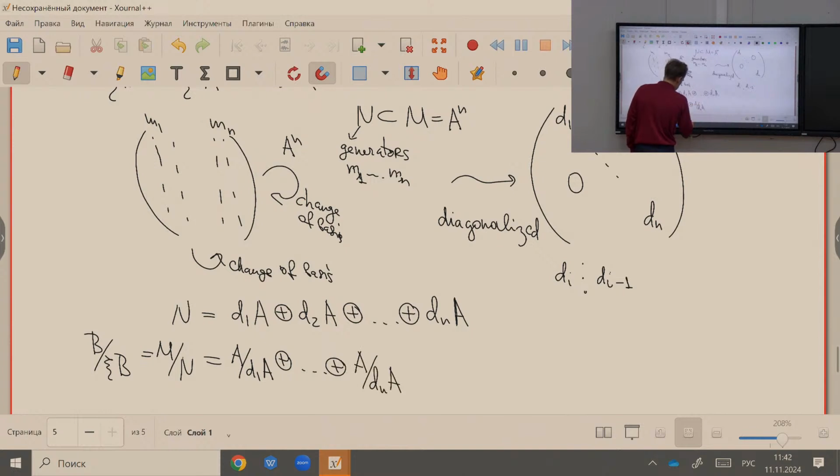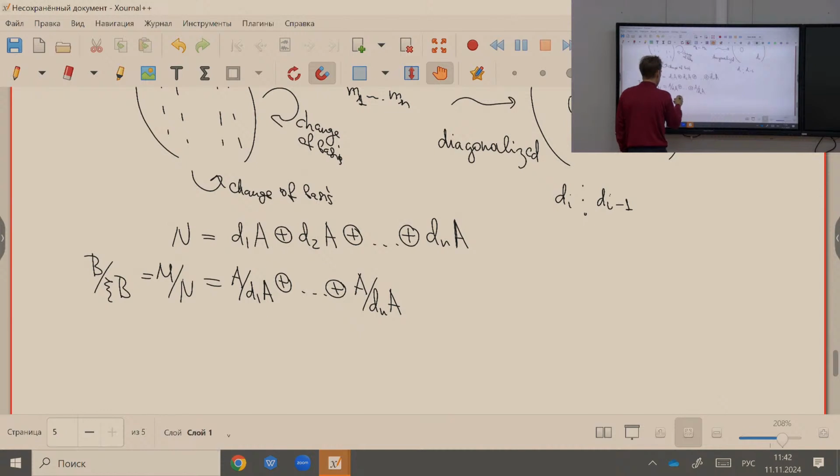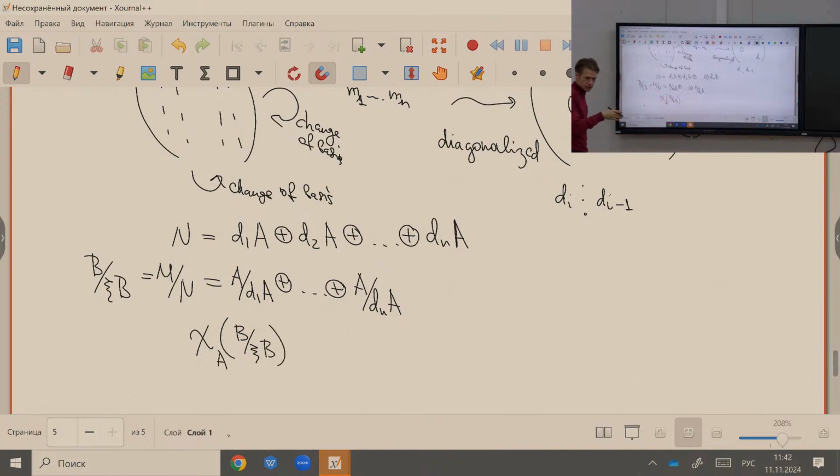dna. And this means that this element maps, if you apply chi to b modulo psi b. Yeah, so chi a, meaning that you are taking restriction.